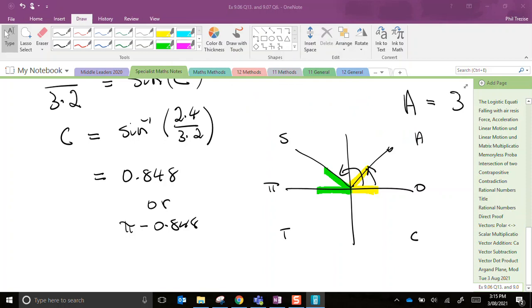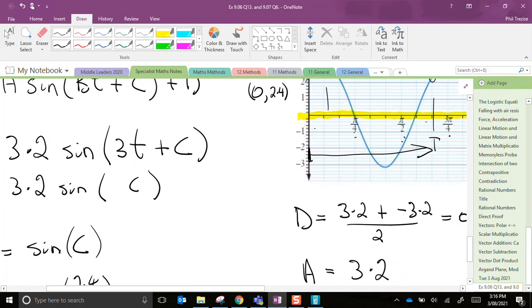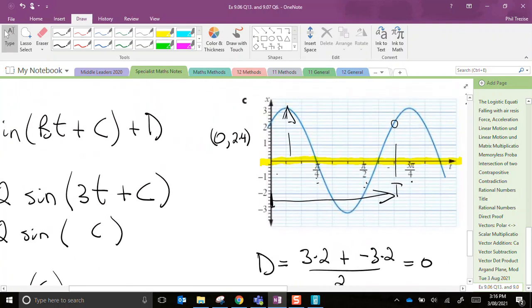Write that down. That's 2.294. How on earth am I going to decide which of those phase angles applies to this graph?